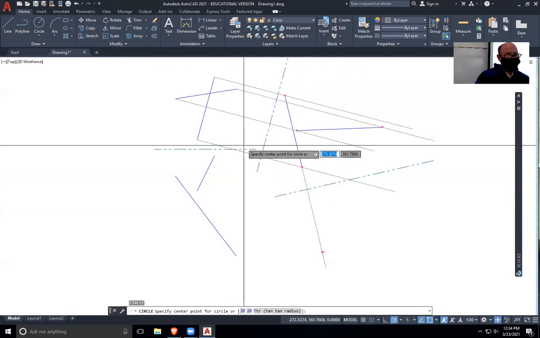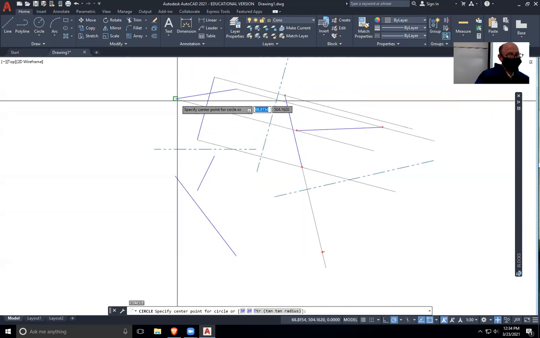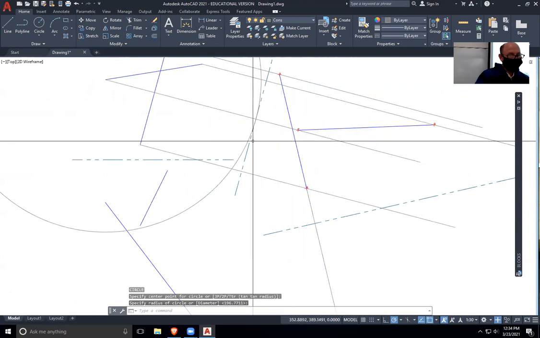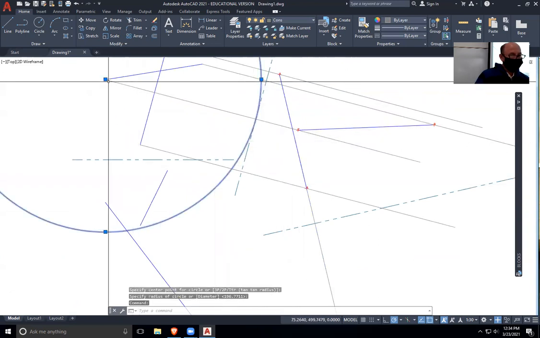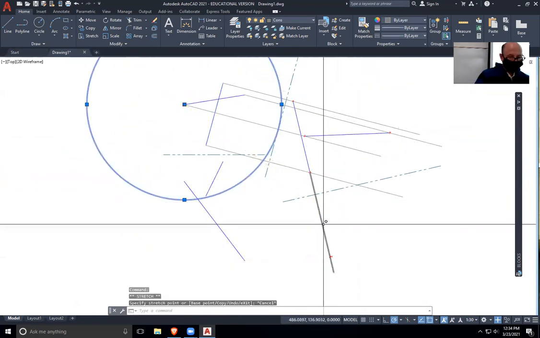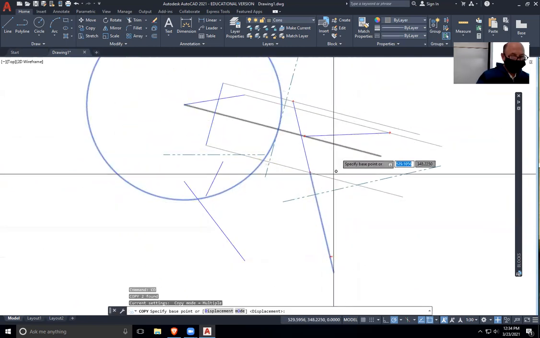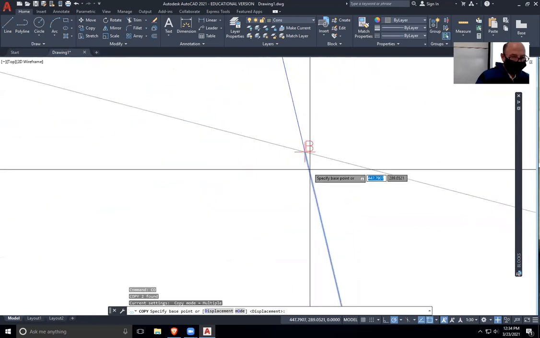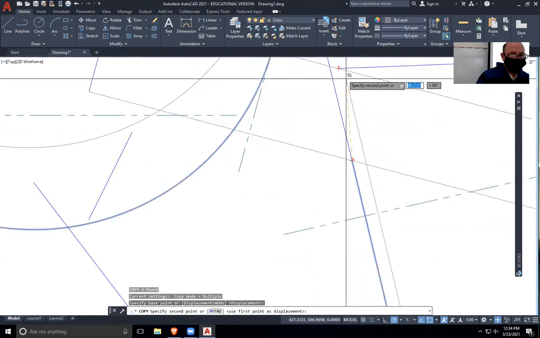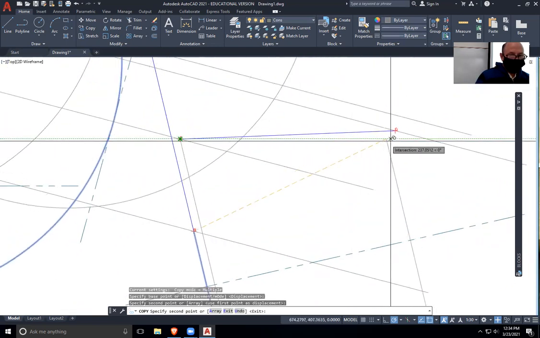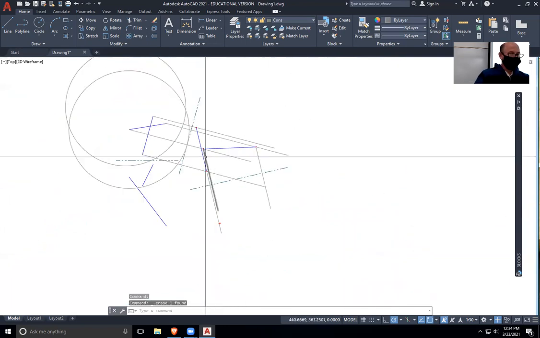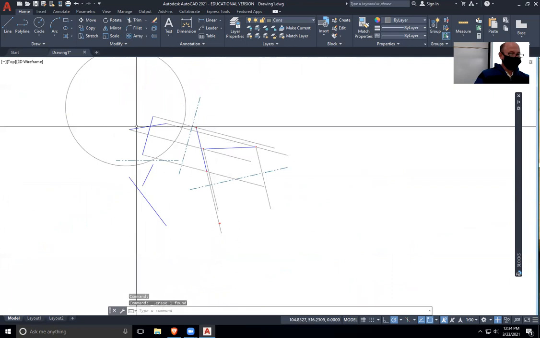So again, I pick my distance here from point C in this view to, well, I guess I got to copy this line here. Get it in order here. Copying the circle too, but they're all the same.